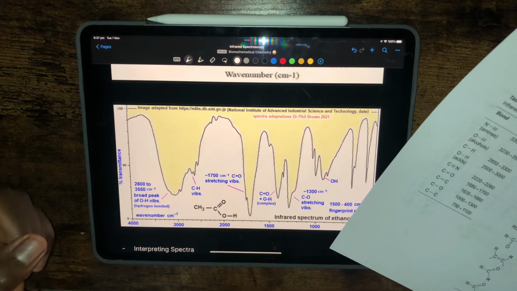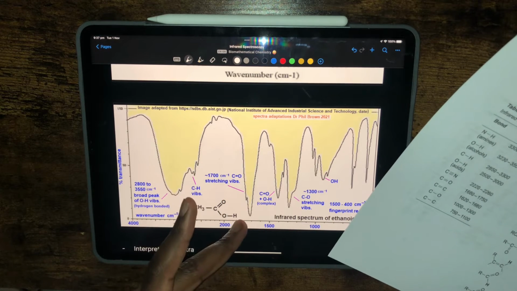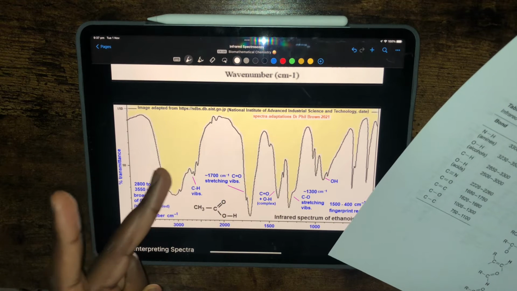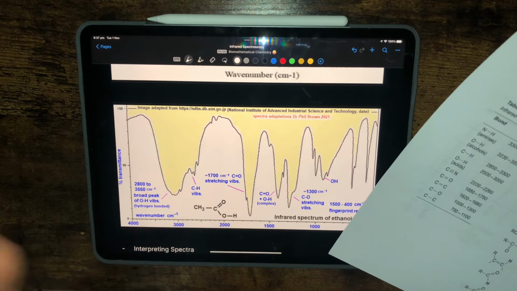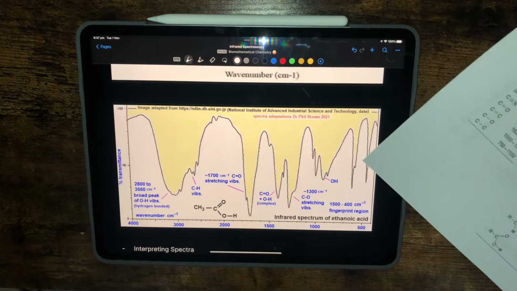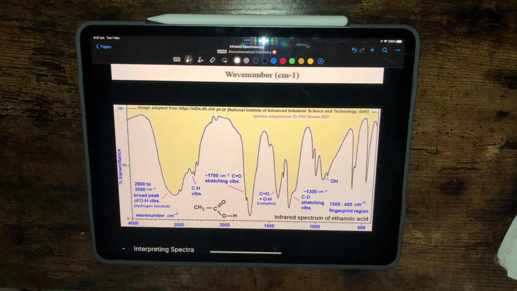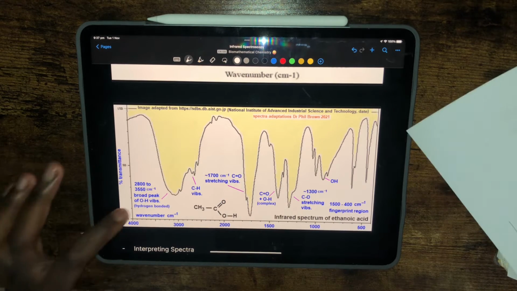That's one mark, I believe. Then you get another mark for saying there's another peak between 1680 and 1750 cm⁻¹, which represents a carbonyl bond. Then you say that this must be a so-and-so compound, and that's how you identify your compound.